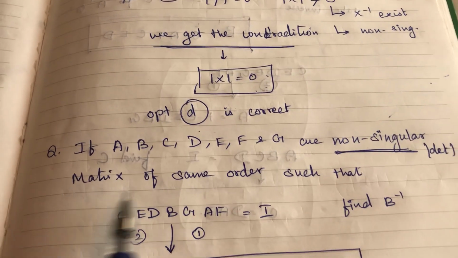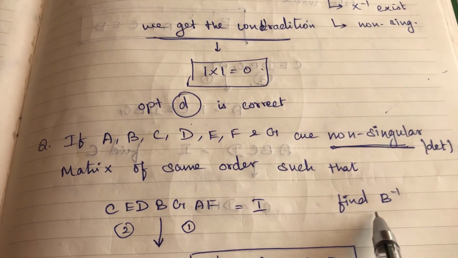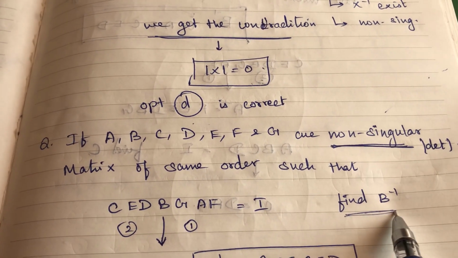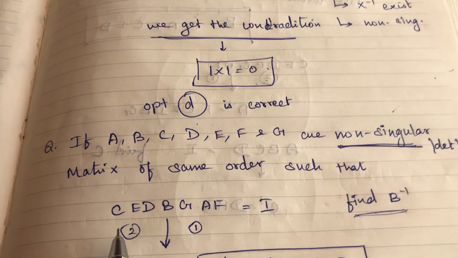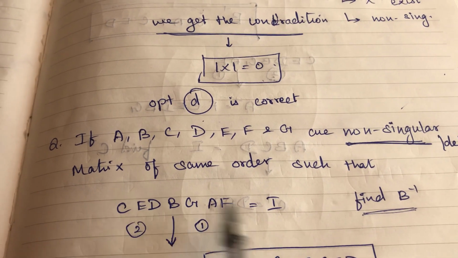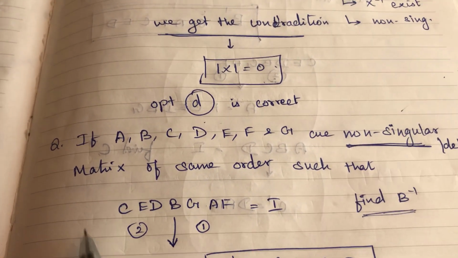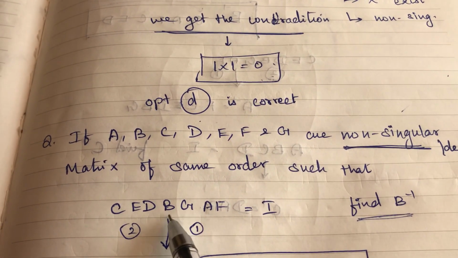They have given another condition: C, E, D, B, G, A, F, the product of these matrices, is equal to I. They want us to find B inverse.